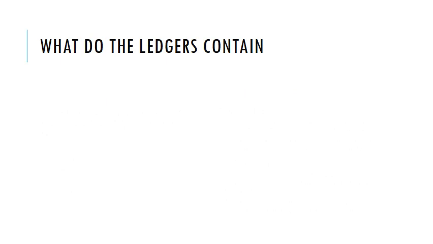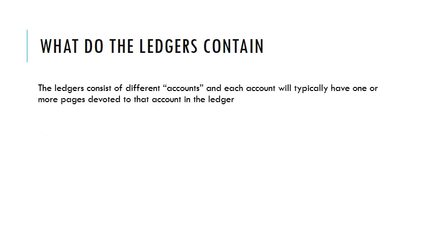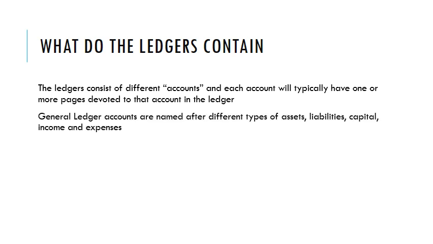So what do our three ledgers contain? Well, these ledgers will consist of different accounts, and each account will usually have one or, for more substantial accounts, more pages devoted to that account in the ledger. In the general ledger, each account will be named after the different types of assets, liabilities, capital, income and expenses that the business incurs in its day-to-day transactions.